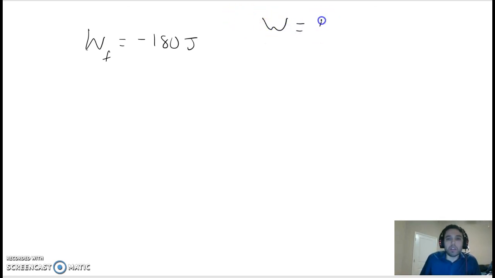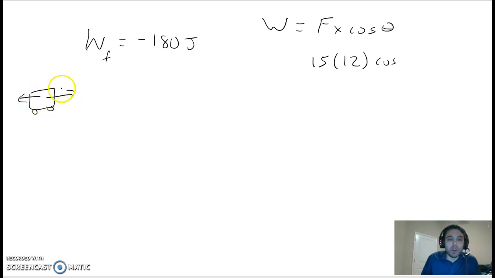Let's go back to our equation. W equals F d cosine theta. The force of friction was 15 newtons. It went 12 meters. Cosine. Now, what's our angle now? If our lawnmower is going that direction, but the force of friction is that way, what's that angle? How big of an angle is all the way around? That's 180 degrees, right?